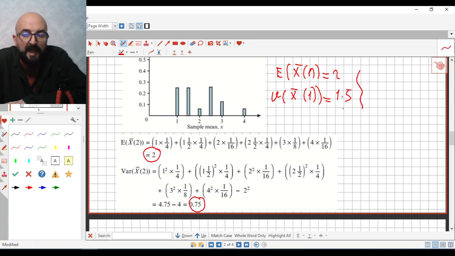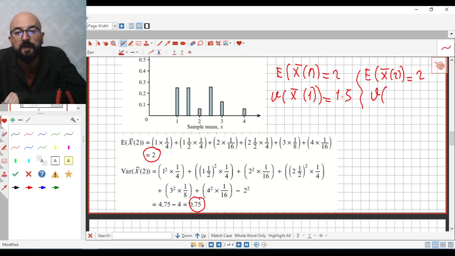And in this example, the expectation of the sample mean of size 2 we figured out is 2, and the variance of the sample mean of size 2 we found is 0.75, and our expectations equal each other.